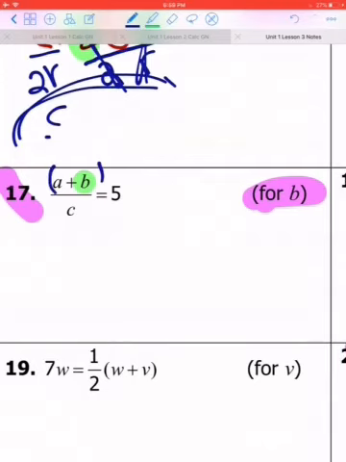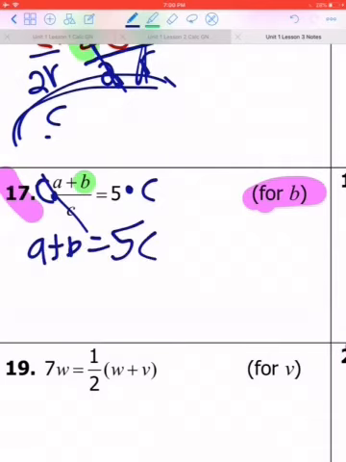We said a numerator is like a group. So if we're doing order of operations backwards, we don't want to get rid of that a plus b until everything else is gone. So we're going to get rid of the c and times by c on both sides, because that's the opposite. So a plus b equals 5c.